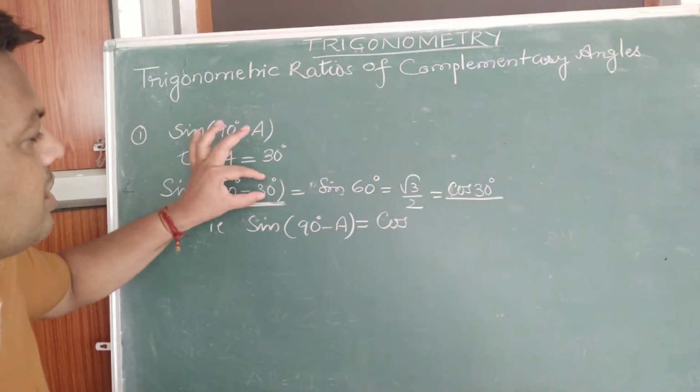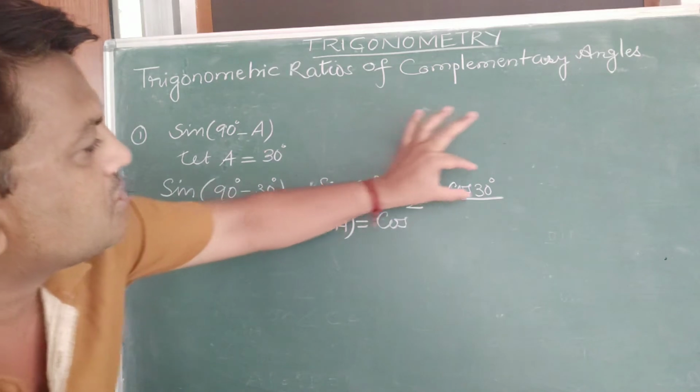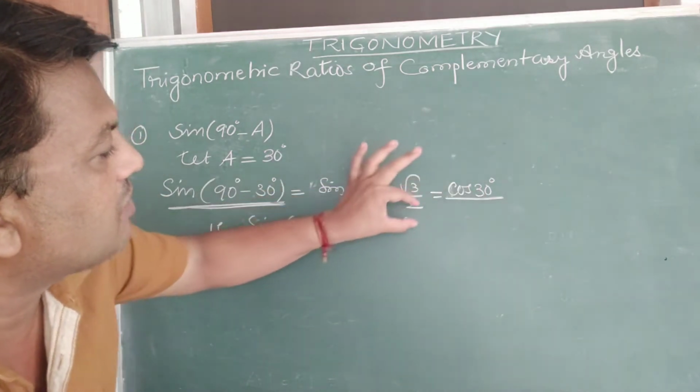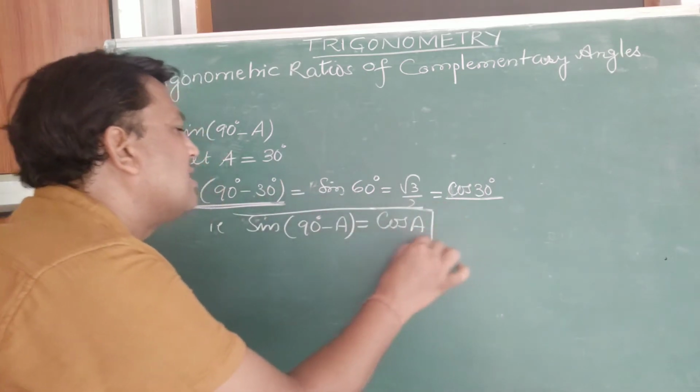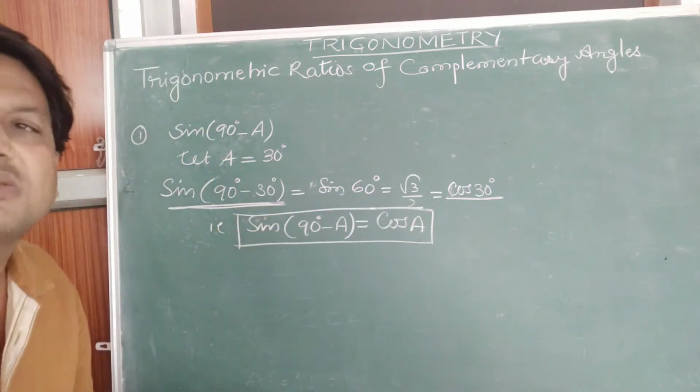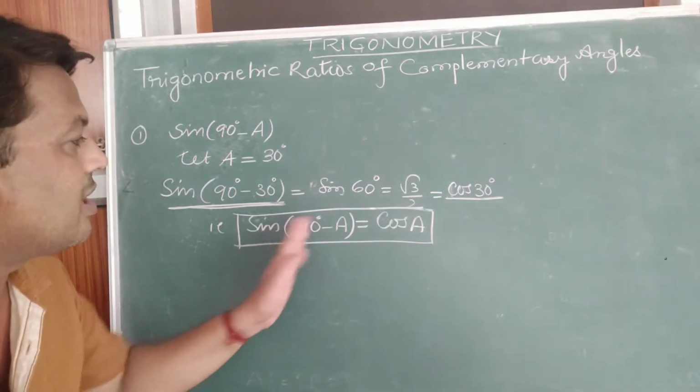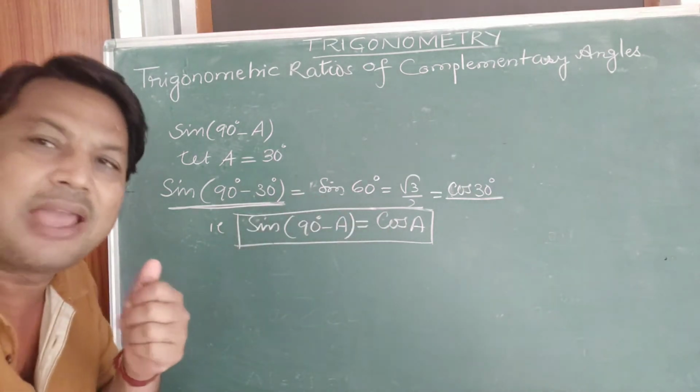Here, 30 degree, in place of 30 we took A. So here, in place of 30 degree, what will we write? A. That is, sine 90 minus A is equal to cos A. Okay children. Here these two are complementary angles.